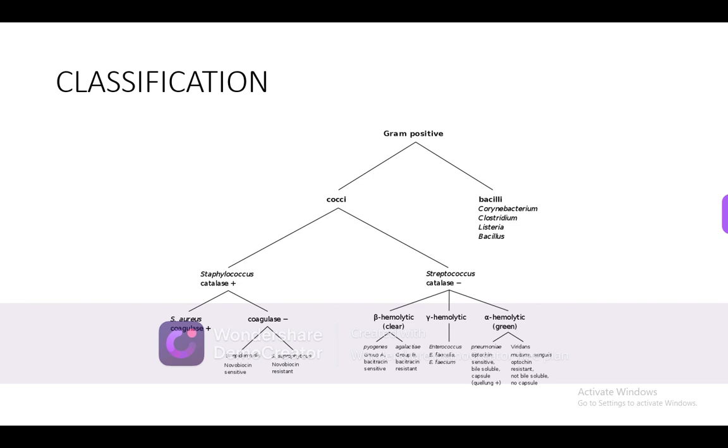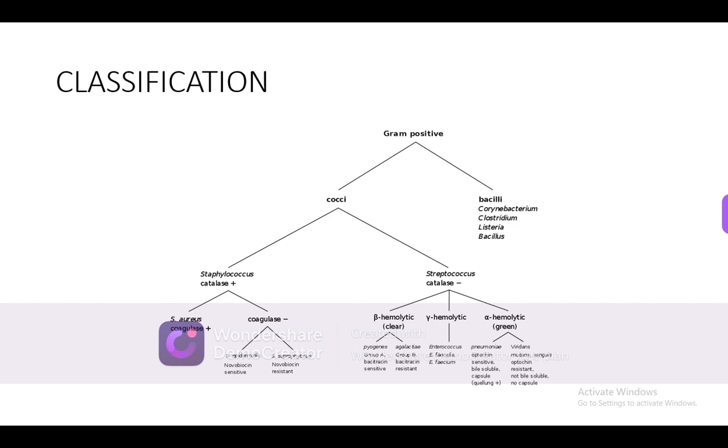If it is Staphylococcus coagulase negative, then their pathogenesis is different, for example Staphylococcus saprophyticus, Staphylococcus epidermidis, etc. So they are coagulase negative. But Staphylococcus aureus, for example, is coagulase positive. It is a very penetrating and invasive organism.